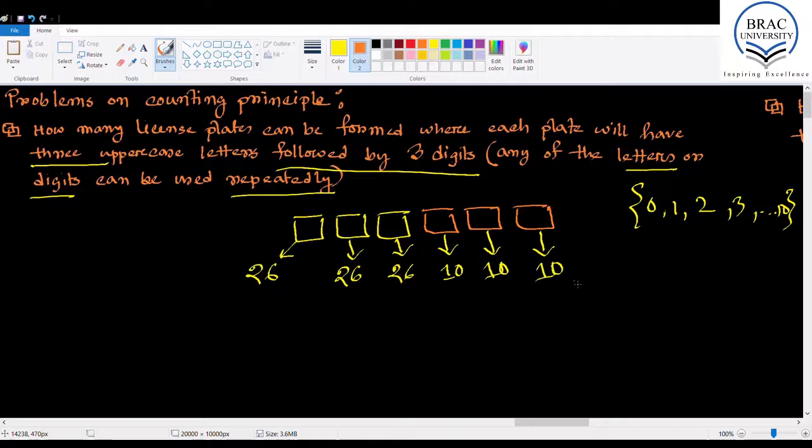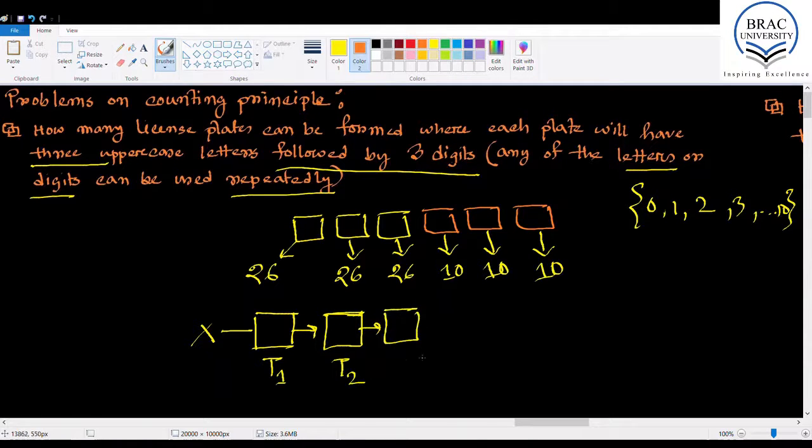So now what will we do? We can change this scenario and compare this with another. At first, we'll have to make some license plates, and before making a license plate, we are in X, and we'll have to accomplish task 1. What is task 1? Filling up the first box is task 1. Then we'll have to fill up the second box, that is task 2.